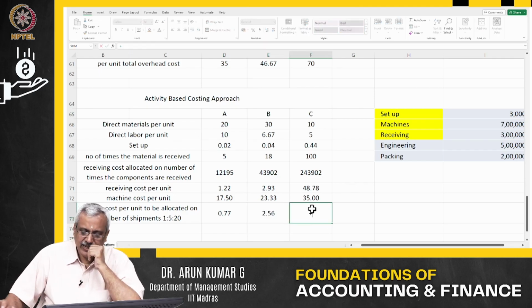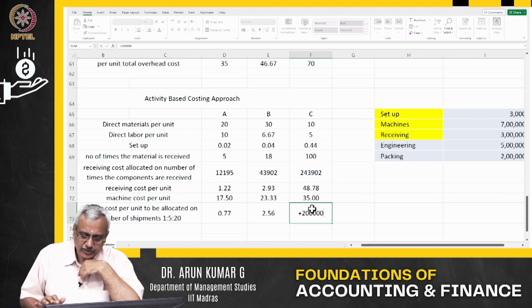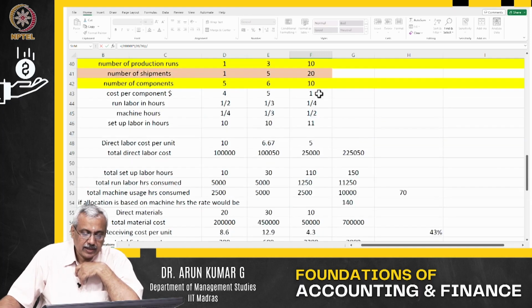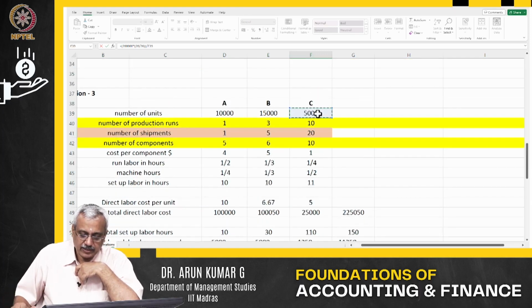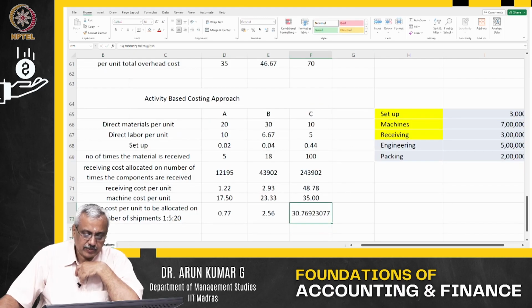Whereas in the case of C, it is 200,000 into 20 by 26, and the whole thing divided by the number of units of C. It's about 30.76.